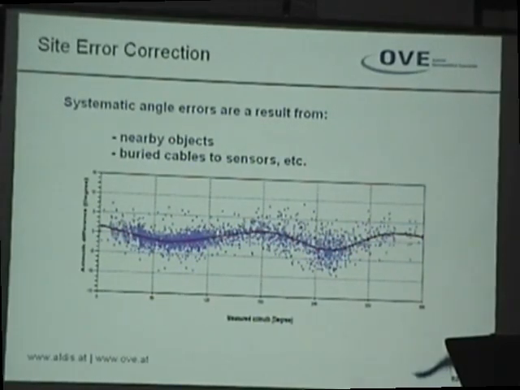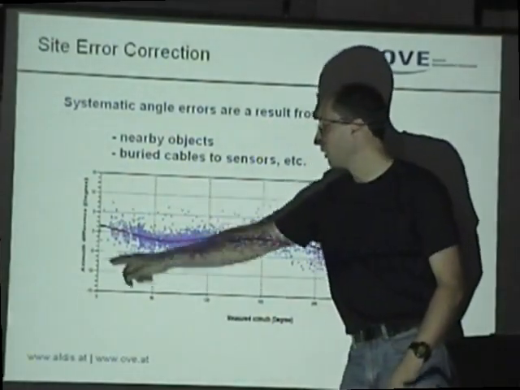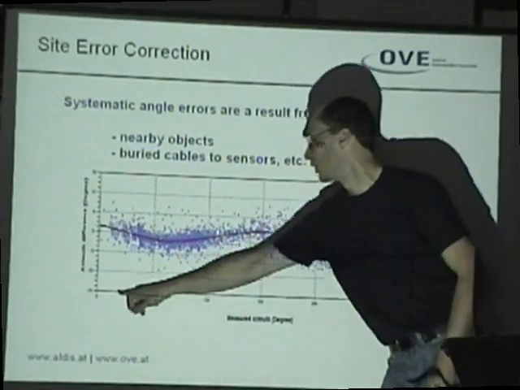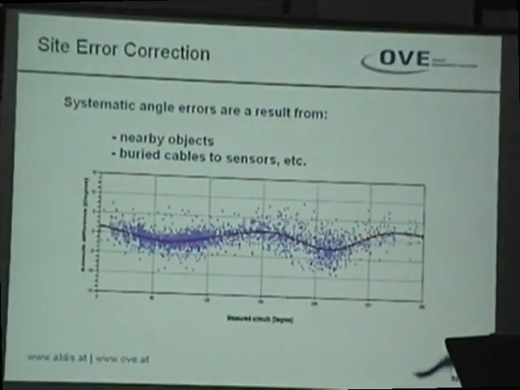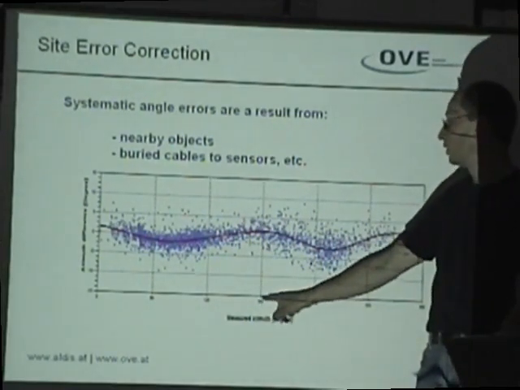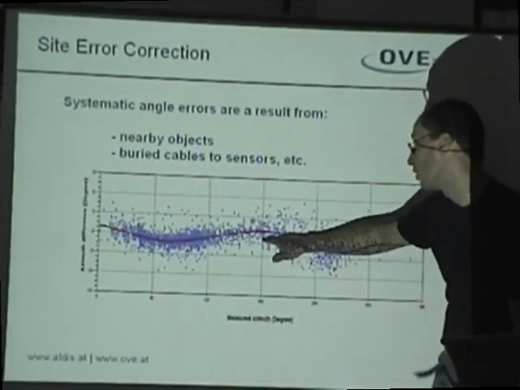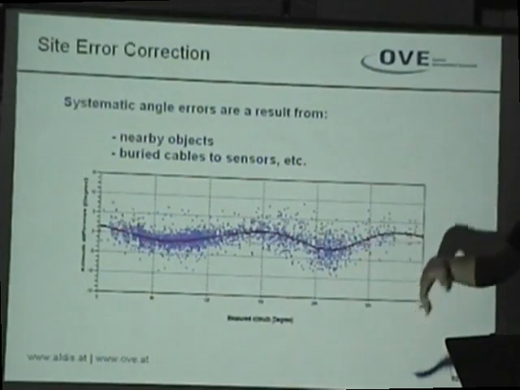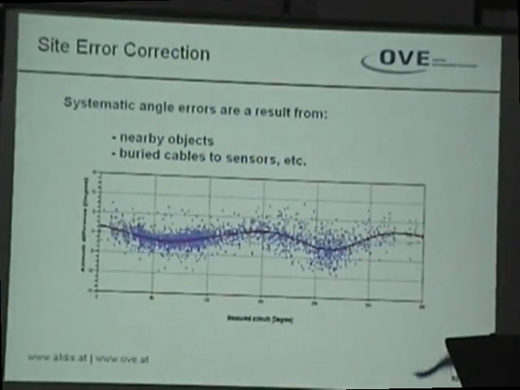This is a systematical angle error. What you see here on the y-axis is the angle difference, and this is the direction to the stroke. This would mean, for example, in the 180-degree direction, the sensor has an error of about 2 degrees. That is not a big error, but such site errors can go up to 20 degrees.